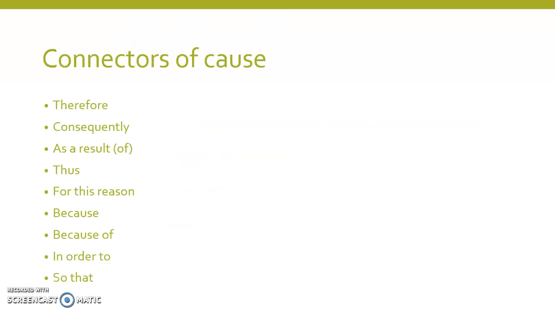Also, guys, we are going to have the connectors of cause. They work in the meaning of cause and consequence, and you are going to have therefore, consequently, as a result of. All of them are in this meaning of como resultado, por lo tanto. Also, for this reason, por esta razón, because, porque, because of, porque algo, in order to.